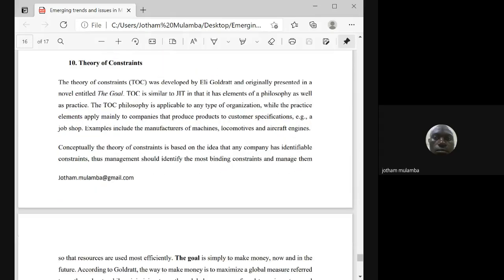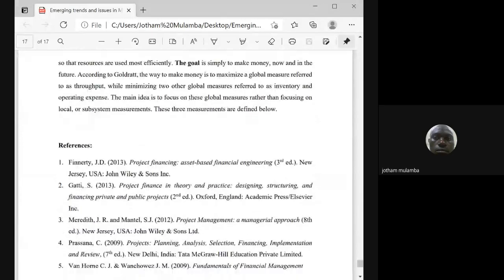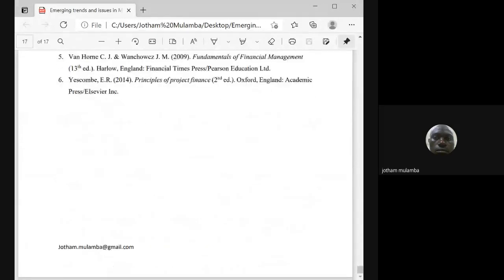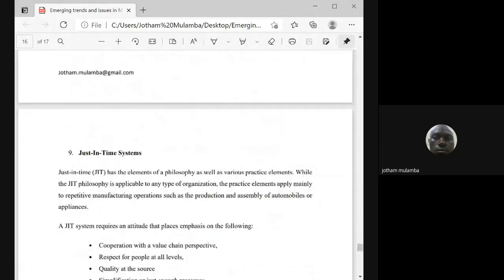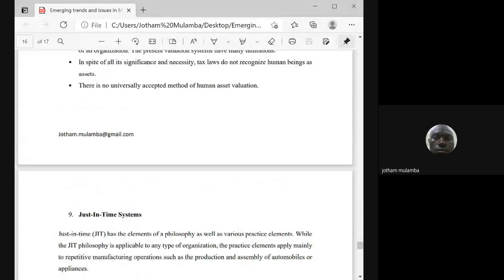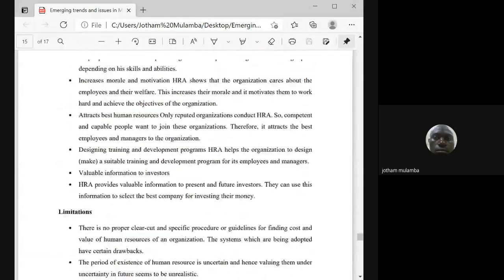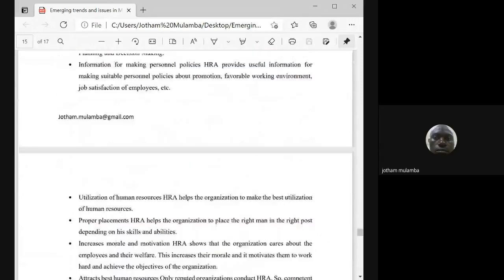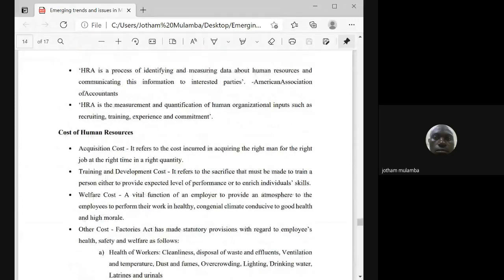So that's what the theory of constraints is all about: they will only produce what you have already requested. I've brushed through this part because I had given it to you as part of your work-based assignment, though I found out that most of you had not given so much information, so I had to review it. Any question pertaining to what we have so far discussed?